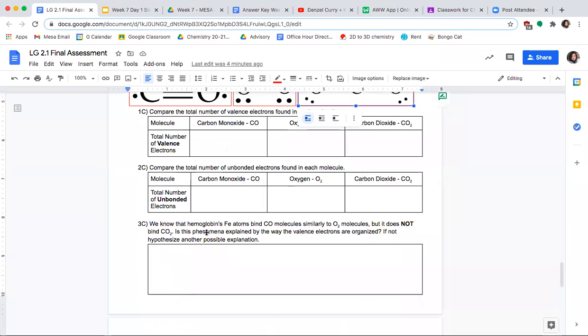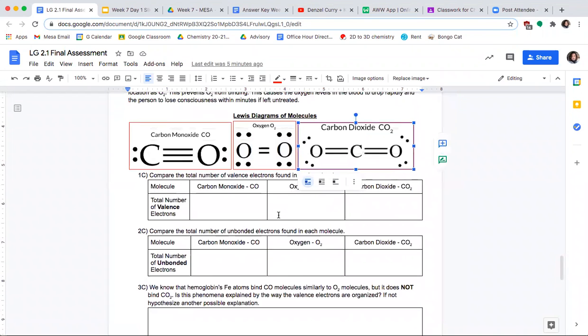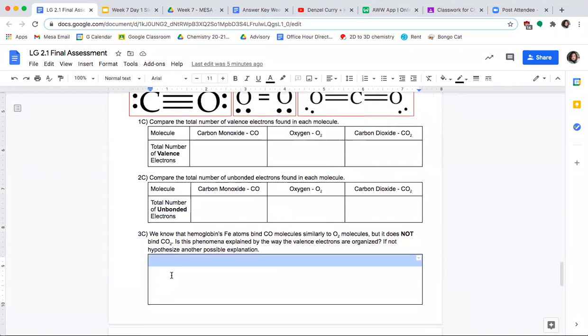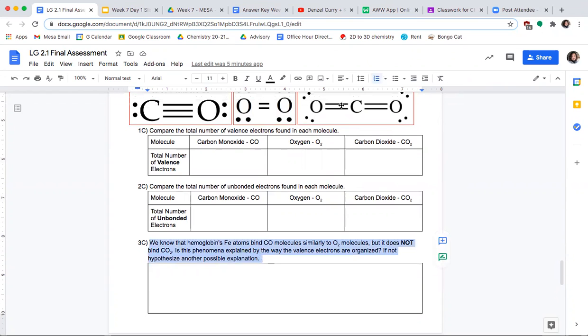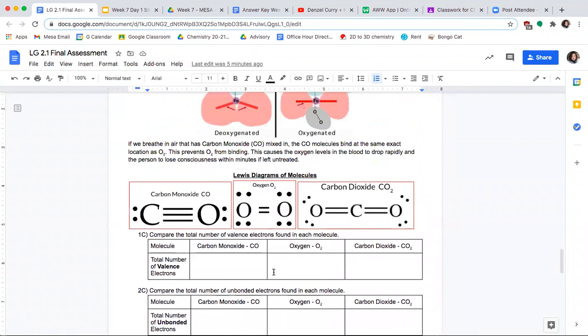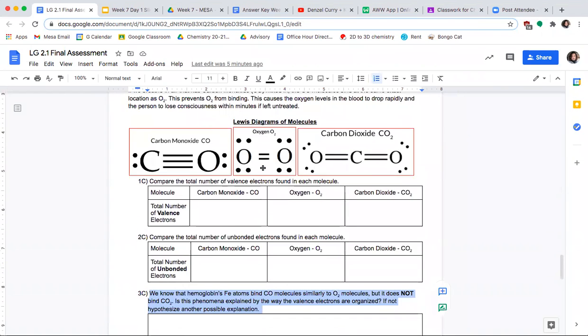Your goal is to answer questions 1 and 2 about the electrons and where they are, and see if that helps you give an explanation for why oxygen and carbon monoxide behave similarly, and why oxygen and carbon dioxide do not behave similarly inside of this example that we have here.